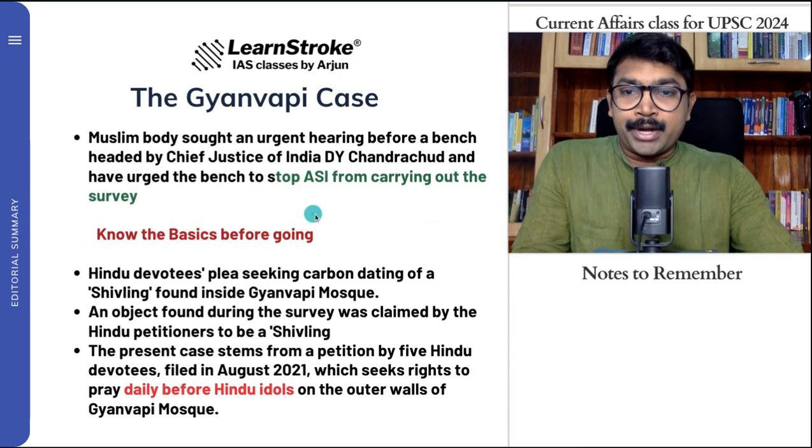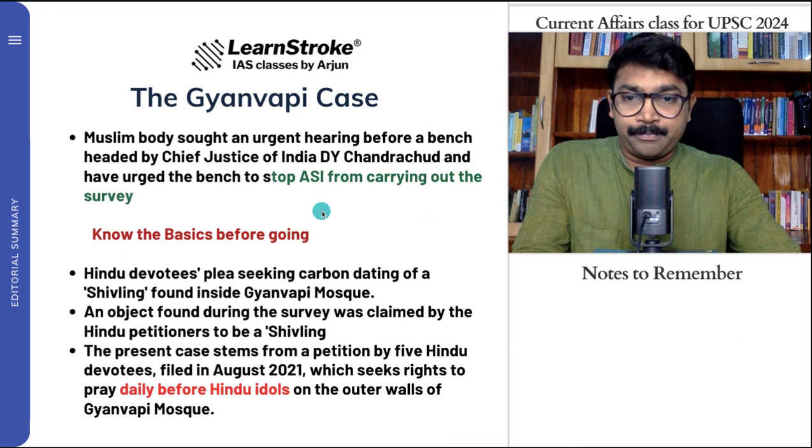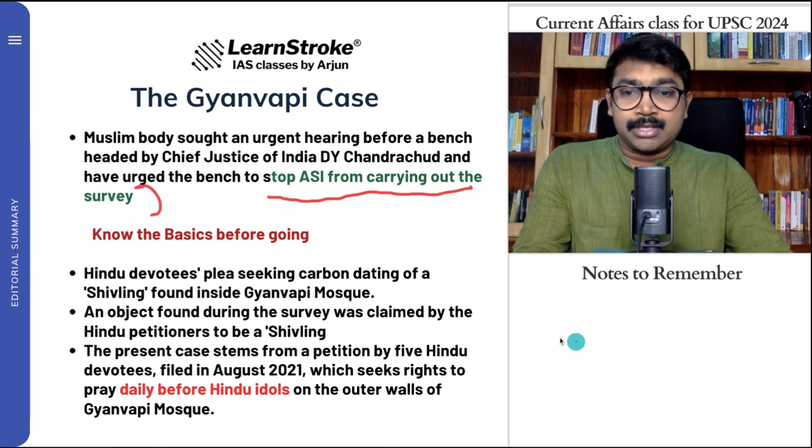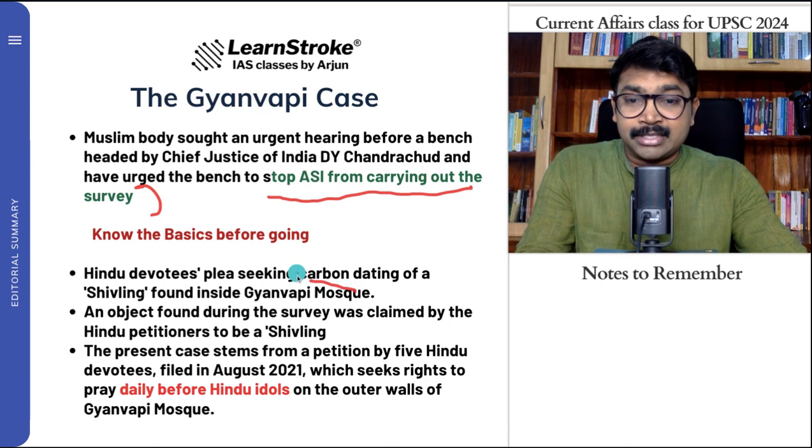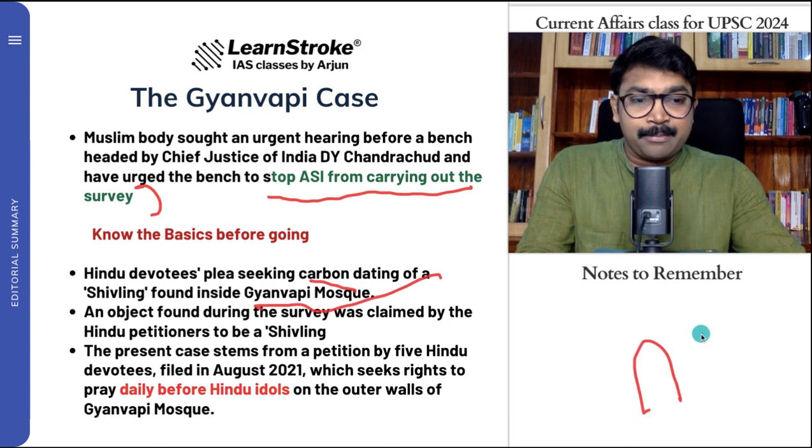The Muslim body sought an urgent hearing before the head of the Supreme Court, Chief Justice D.Y. Chandrachud, and asked to stop ASI from carrying out the survey. You should not carry out the survey. And know the basics. The Hindu devotees' plea seeking carbon dating of a shivling inside Gyan Vyapi mosque. They say that there is a shivling inside, and you need to do a carbon dating.